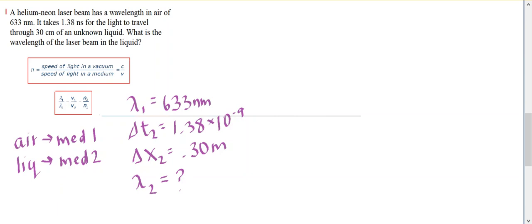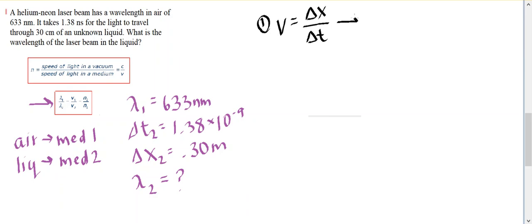So when looking at our ratio right here, we need to solve for one of these variables. We have the distance traveled and the time that it took for that distance to be traveled in medium 2, so we can go ahead and solve for the velocity in medium 2. Velocity is equal to change in distance over change in time.